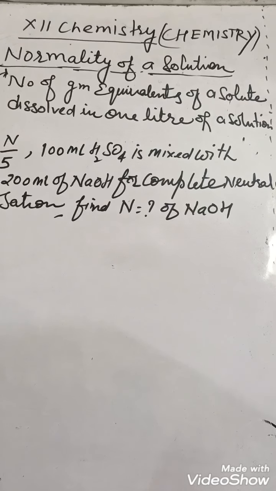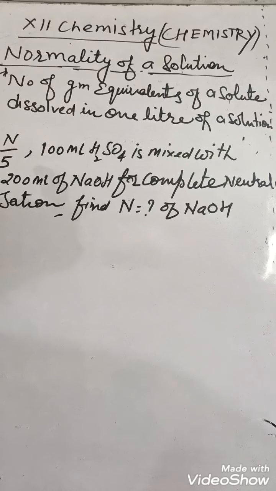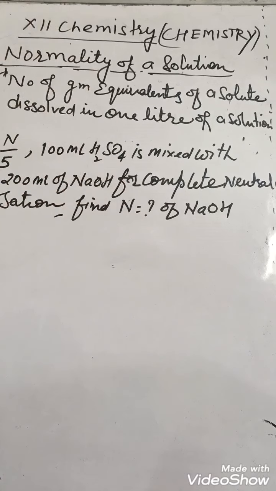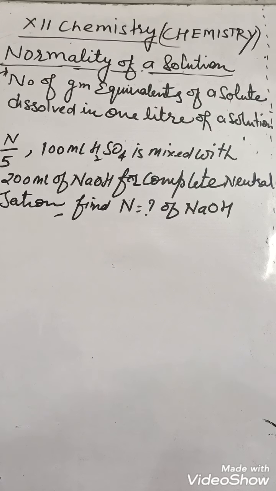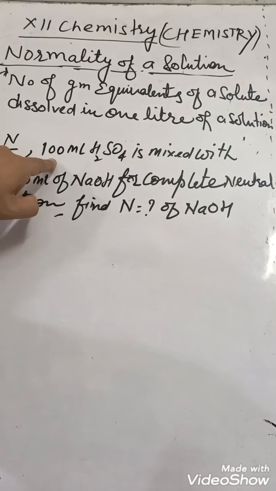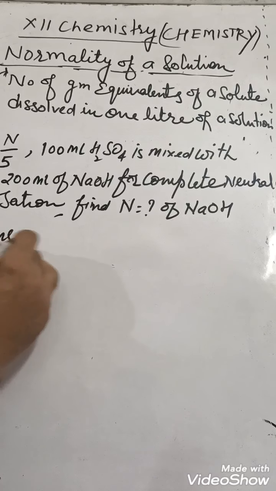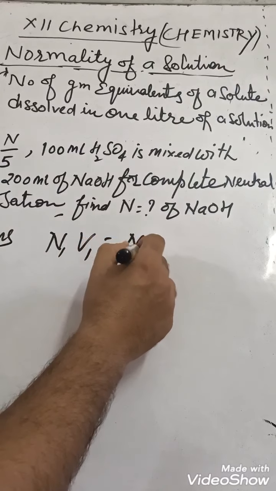Another simple, very important question we can take. If N by 5, 100 ml H2SO4 is mixed with 200 ml of NaOH for complete neutralization. When acid is mixed with base, then neutralization reaction takes place. The acid's normality is 1 by 5, volume 100 ml, and you know that N1 V1 is equal to N2 V2.